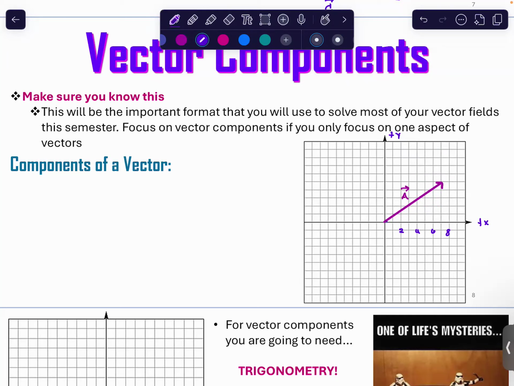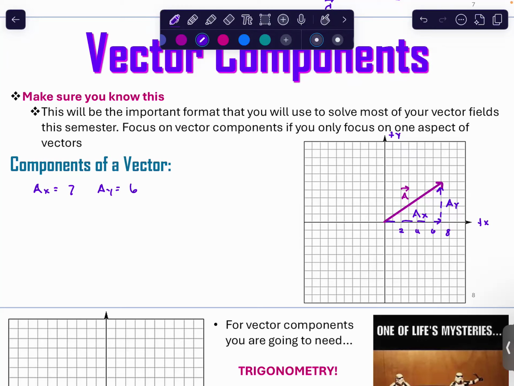And then let's look at the components. In this case, what is AX equal? 7. AY I put 5, but that could be wrong.